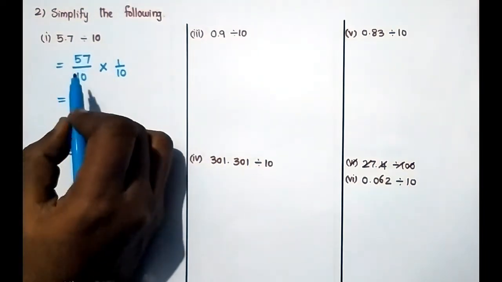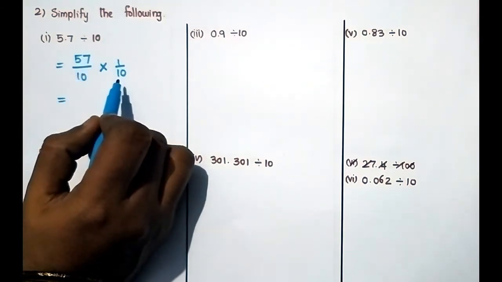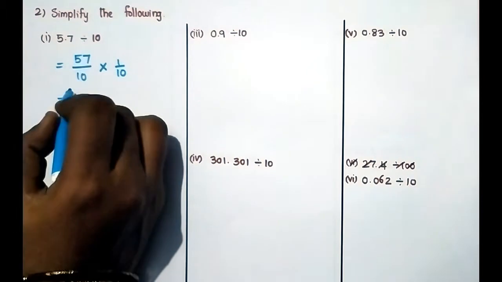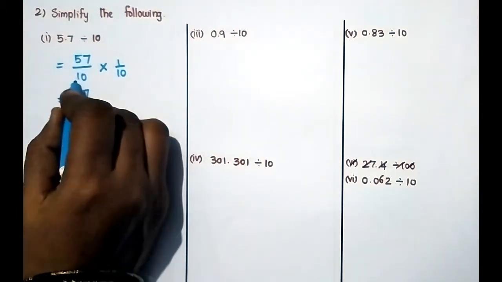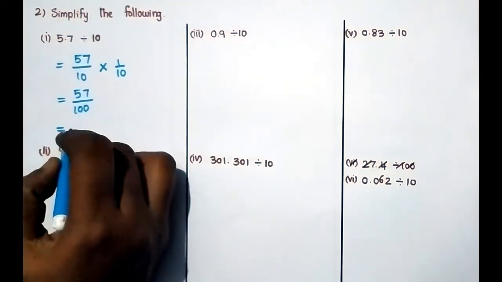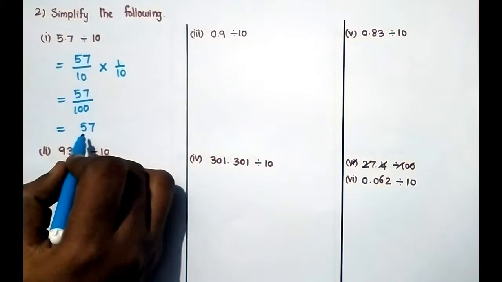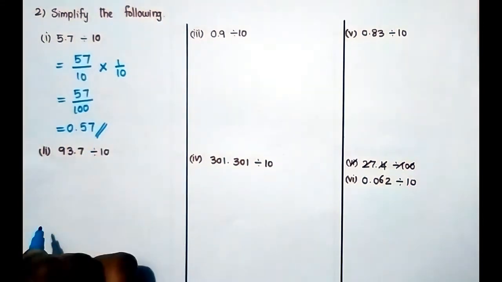Now multiply numerator with numerator and denominator with denominator because there is no cancellation. So 57 into 1, 57 divided by 100. Before 2 digits we have to keep the point. So 0.57 is the answer.